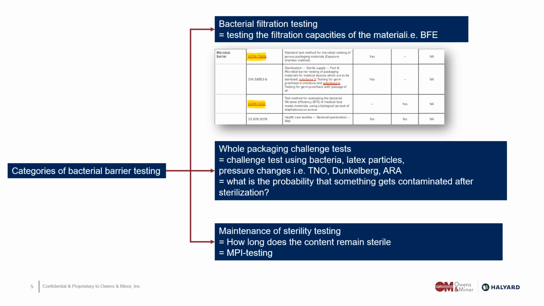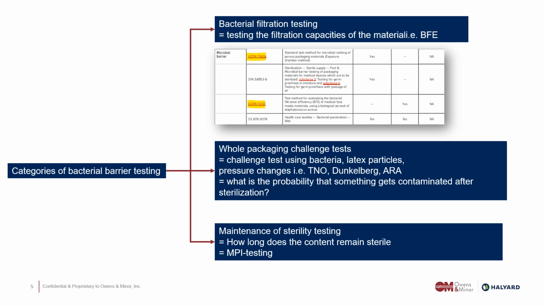What these tests are going to do, one way or the other, is test your material itself as a filter. So you will spit some bacteria on it and you're going to see how many come through, how many don't come through. These are what we call normalized tests.